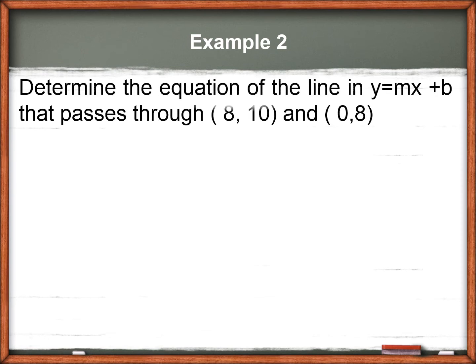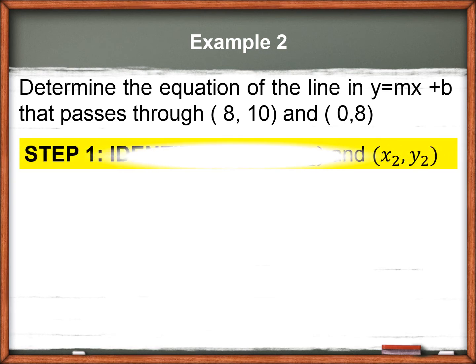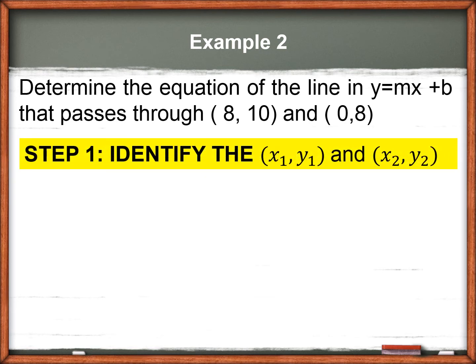Let us now move on to example 2. Determine the equation of the line in y equals mx plus b that passes through (8, 10) and (0, 8). Step 1. Identify the x sub 1, y sub 1, and x sub 2, y sub 2.